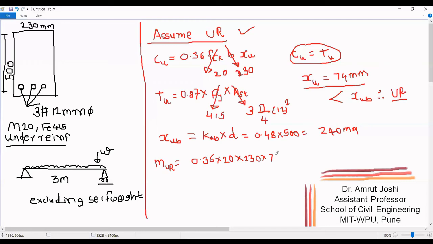So therefore this is 74. 0.36 fck b xu is compressive force into bracket d, that is 500, minus 0.42 into xu.